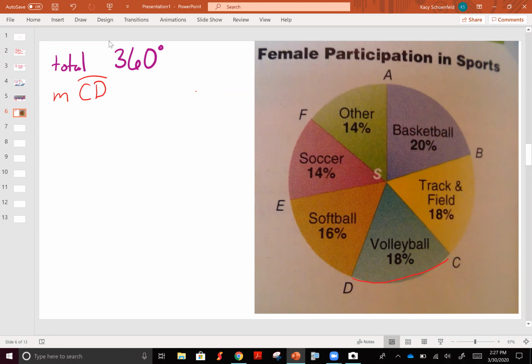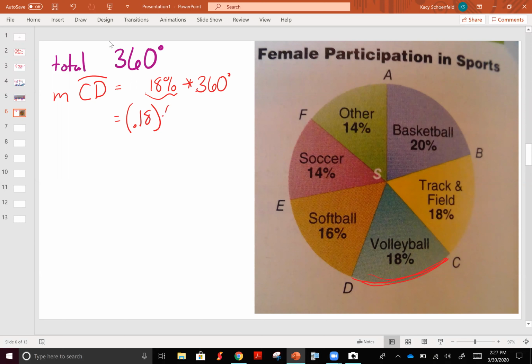After you find it, you'll see that it's a minor arc. If you have to fill that out, you might not have to fill out minor arc. The only thing that you really have to do is take 18% times 360. We always need to change percentages into decimals, so what you're really going to have is 0.18 times 360.